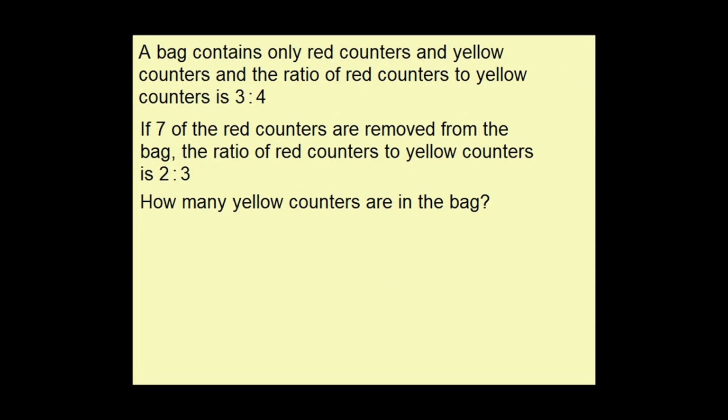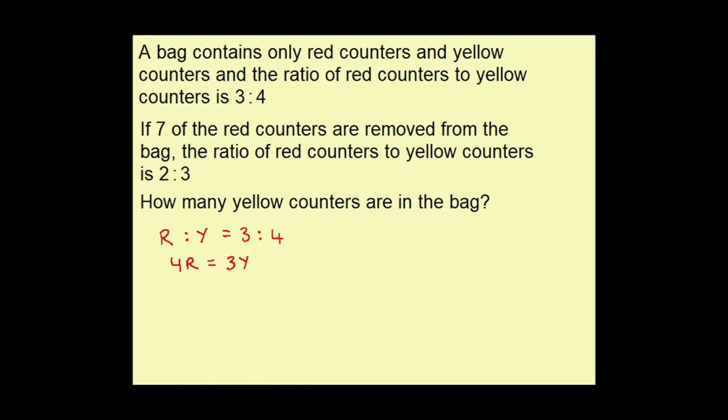The first way is to say that the ratio of red to yellow counters is 3 to 4. And I can change this equation with ratios into an equation without ratios. Remember, we write 4r equals 3y.